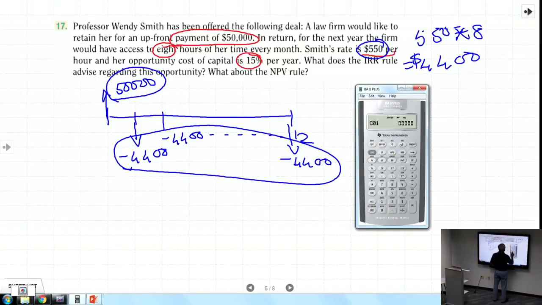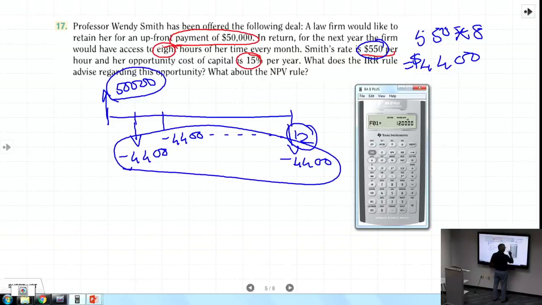Enter. Down arrow. C01 is going to be negative 4,400, enter. And then F01, this $4,400 cash flow repeats how many times? 12 times. So 12, enter.